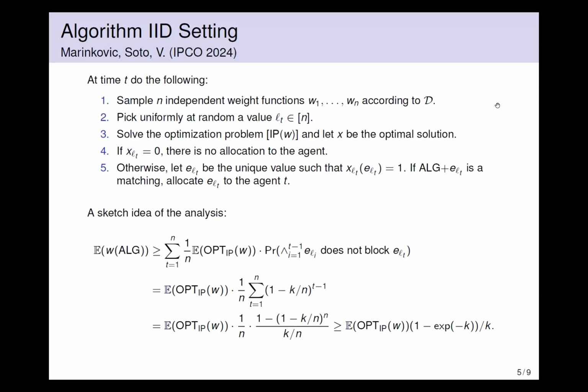And by blocked, I really mean intersected, like in the hypergraph notion. Imagine that you fix the selection of time t, so that this is a bundle, a hyperedge. And then look at any previous step. So what is the probability that in a previous step, a bundle assigned by the algorithm could block this fixed hyperedge?